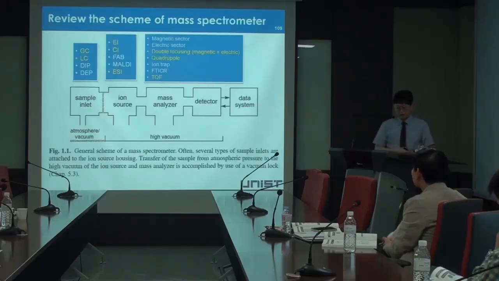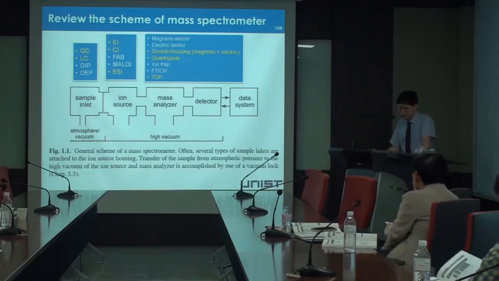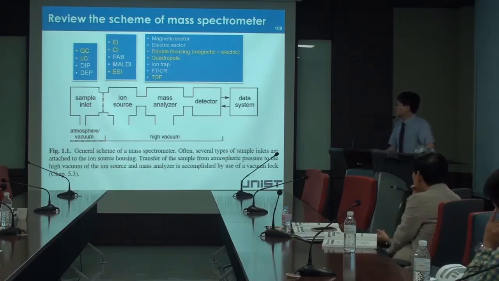So, okay, this is a review scheme of the mass spectrometer. For sample inlet for POPs, we use GC or LC, and EI for ionization, since a neutral molecule should become an ion, so we generally use EI.